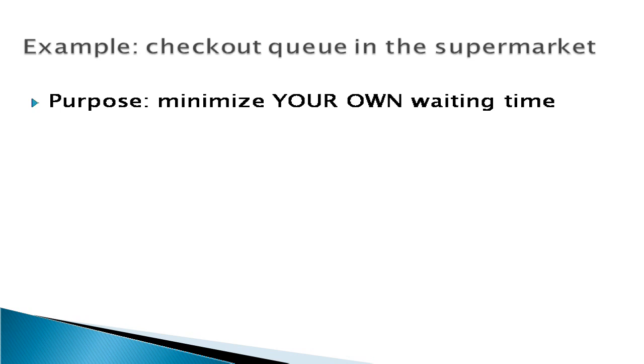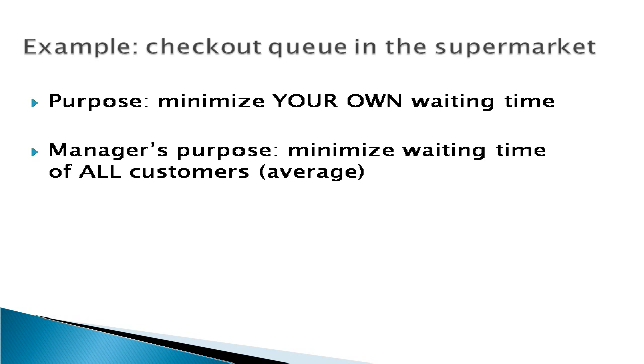However, there's a different perspective if you are the manager of the supermarket. Your purpose, if you're the manager, is to minimize the waiting time for all the customers. So that would mean minimizing the average waiting time for the customers. And the solution would be quite different if you were dealing only with your own personal waiting time.